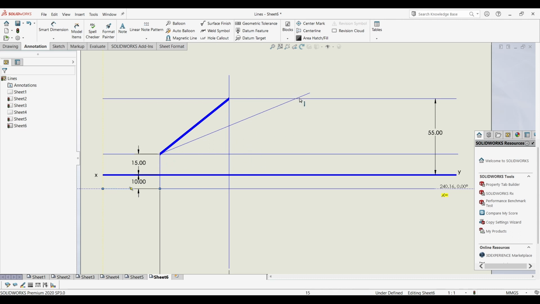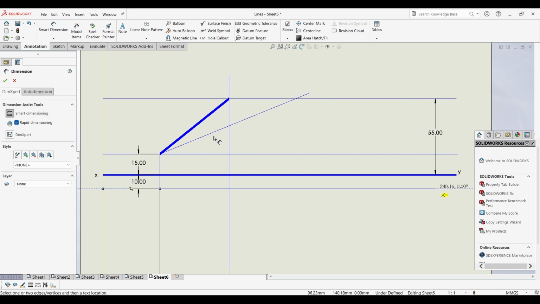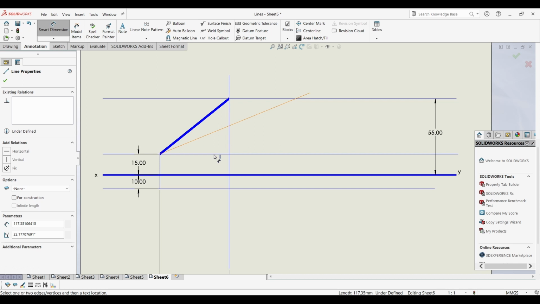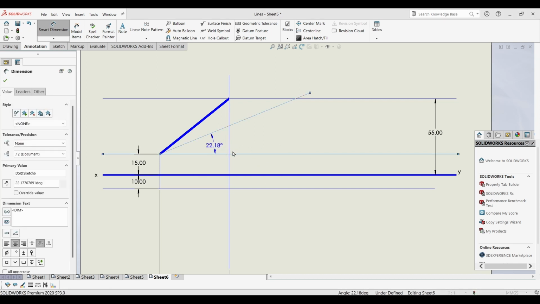Now this thing is 30 degrees as given in the question. Let me check with the question. Yeah, it is 30 degrees. So I will do this one and this at 30 degrees. Yeah, it is intersecting here.